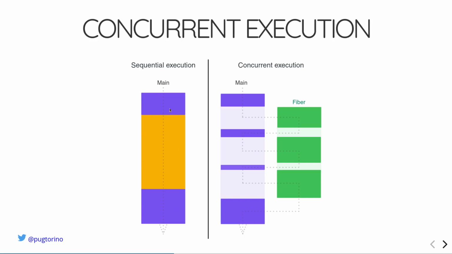So here basically you have one violet and one orange code, and then another violet. Imagine that we want to use the fiber. So the fiber is basically a class where you put some of the previous sequential code in a fiber, and actually you can suspend the fiber execution here in green at any time.